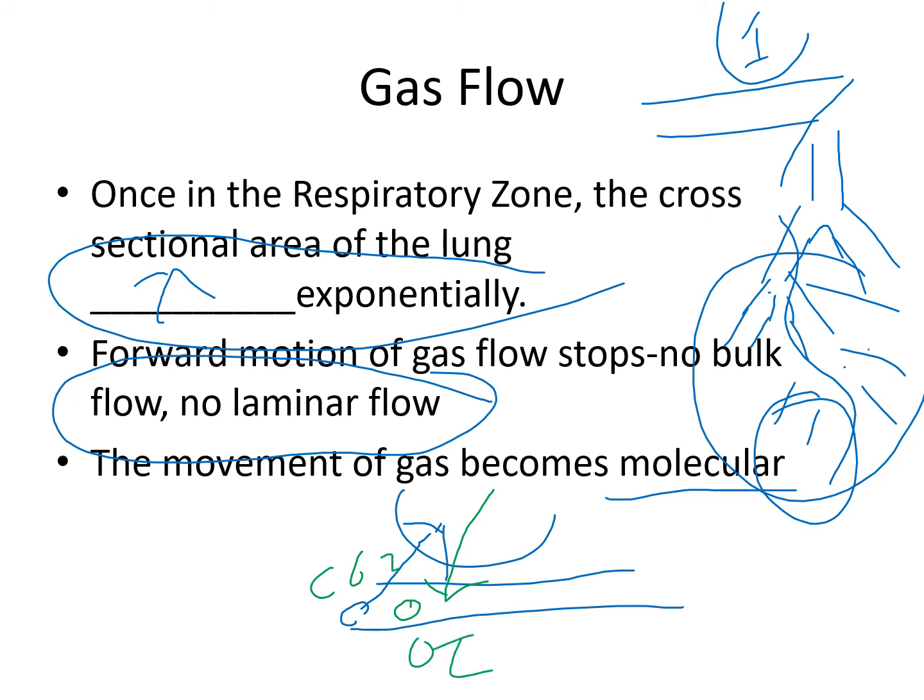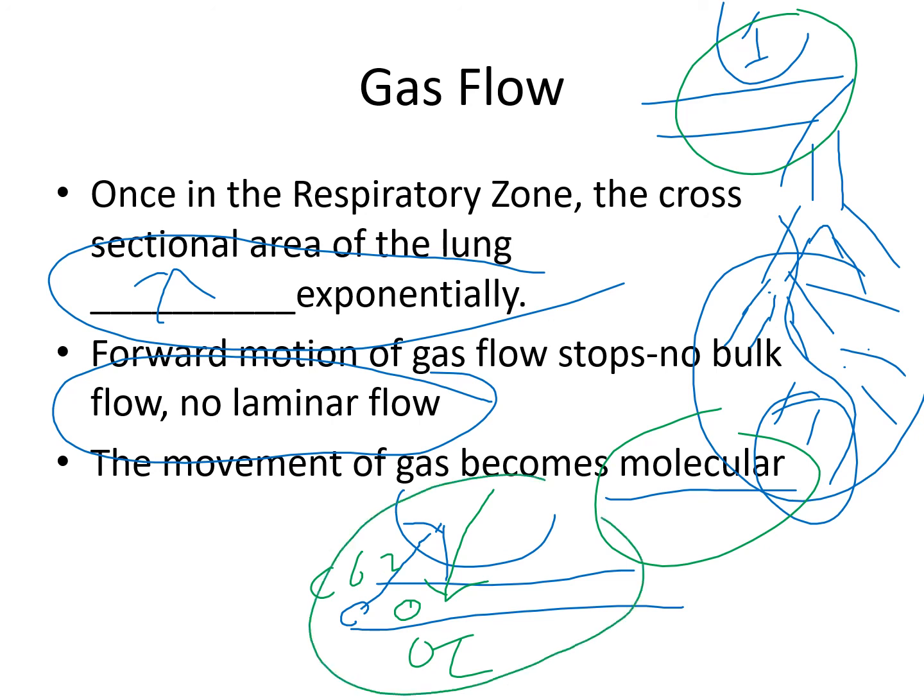So just for now, the big thing here is the bulk movement of gas flow is molecular by the time we get to the alveolar capillary membrane, right? There is no bulk movement of gas flow. We've done so much splitting of our garden hose that there's almost no flow coming out the end of it. And so that's how we actually exchange the gas, is molecular movement. It's kind of cool.